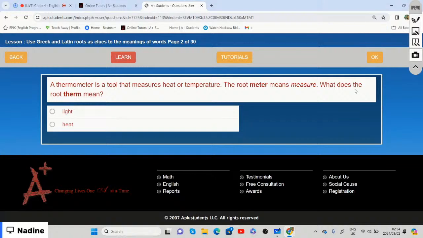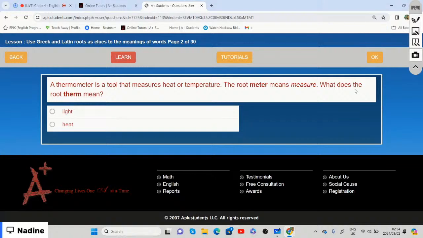Let's say a thermometer is a tool that measures heat or temperature, and the root meter means measure. So the root meter means to measure.